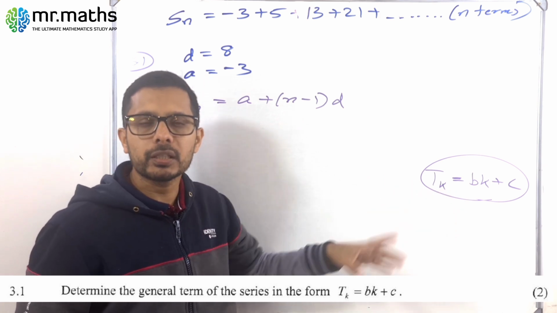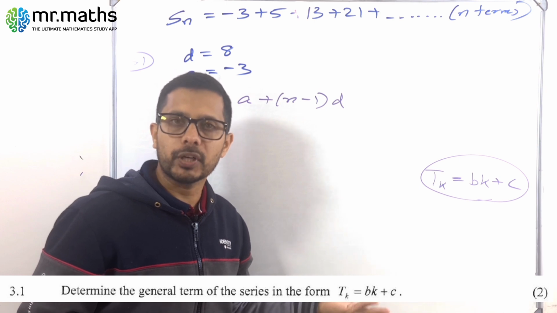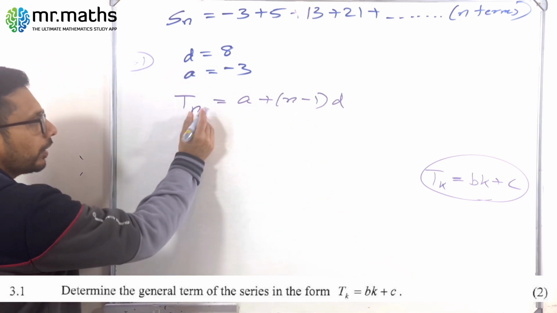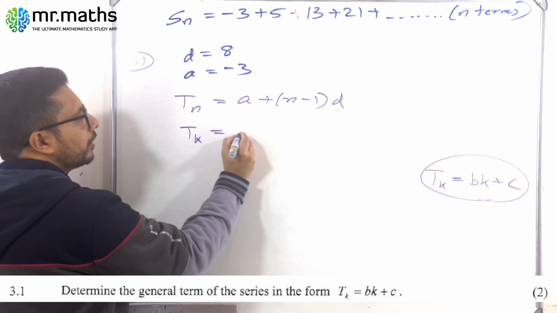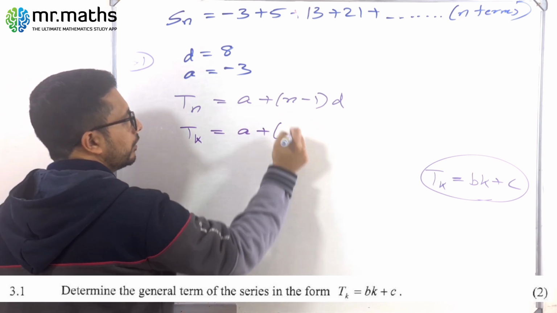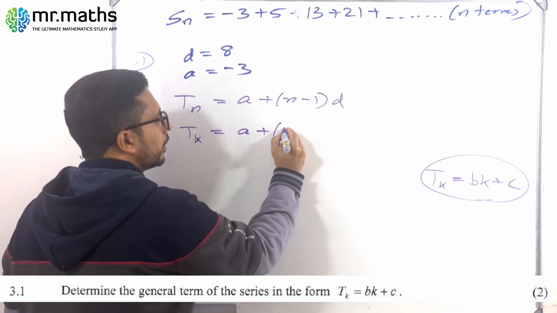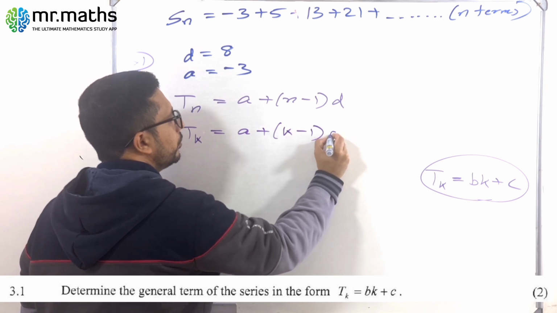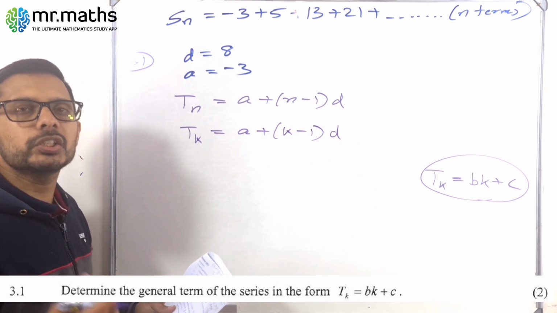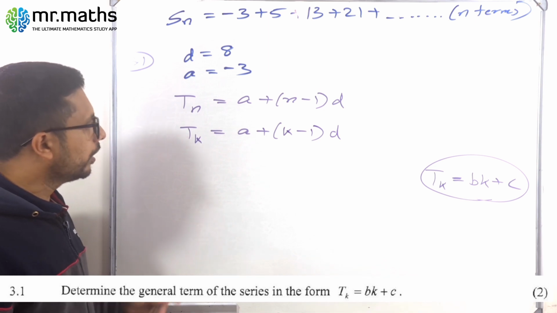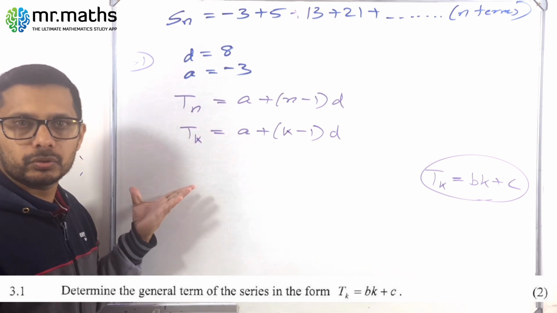It doesn't matter whether it is n, k, l or m. So we write Tk is equal to a plus k minus 1 into d. In effect there is no change in the formula, they just changed the notation.